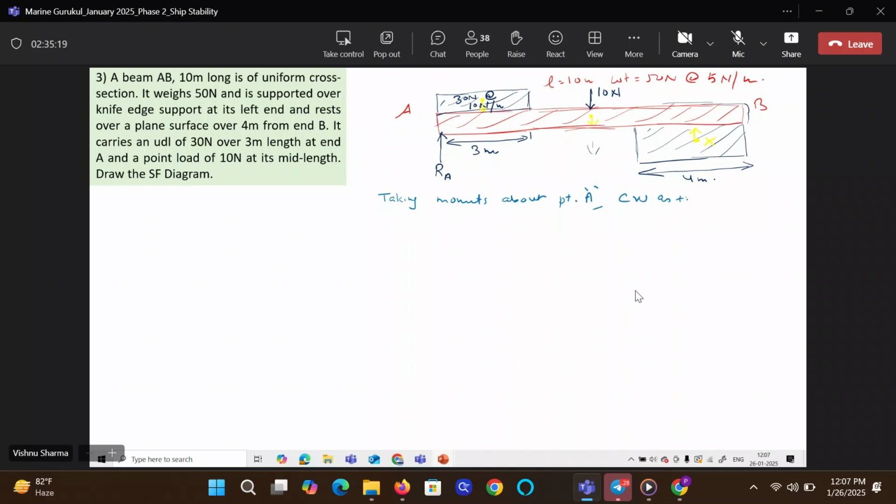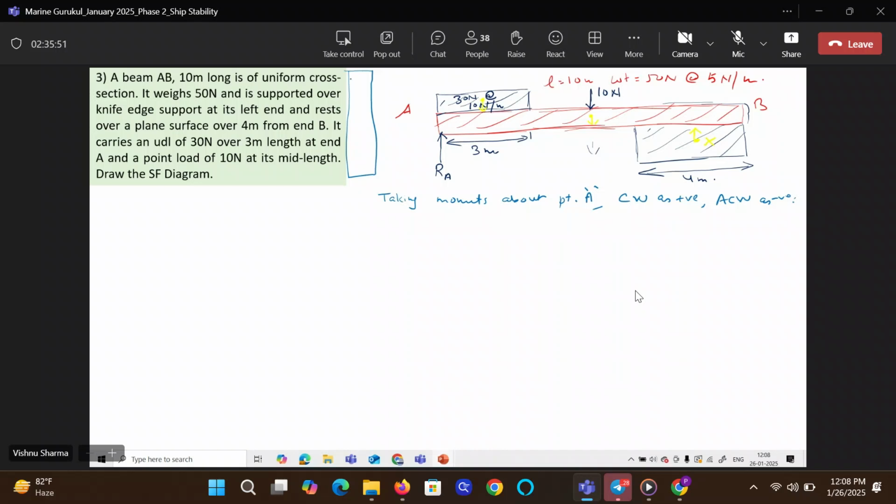clockwise as positive, anti-clockwise as negative. Guys, at this stage, what do I do? I go to rough and I write down the forces that are in the diagram from left to right. Can you identify the forces for me, guys, from left to right? How many are total forces? Can somebody count: 1, 2, 3, 4, 5? 5.